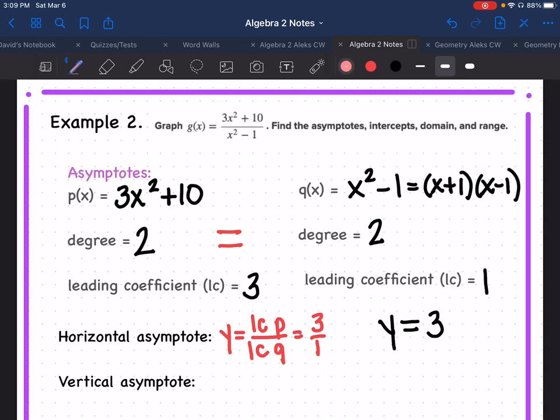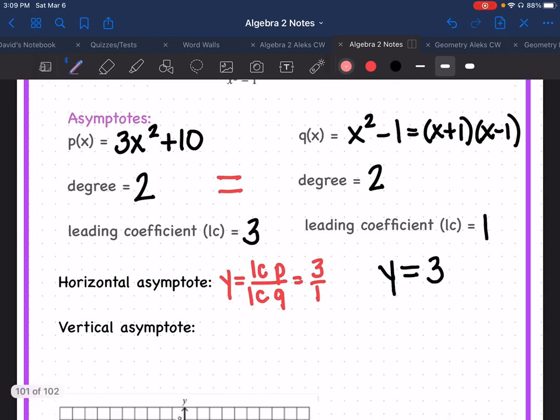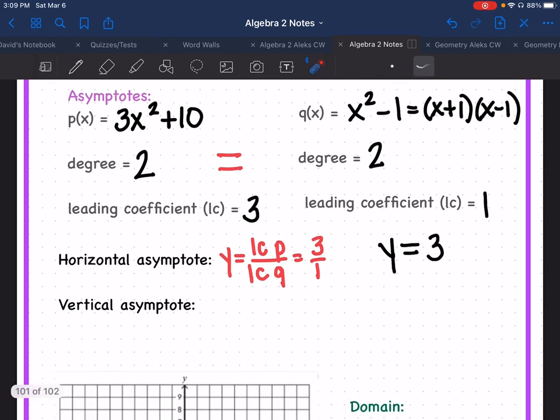For my vertical asymptote, I'm going to use my denominator, and I have to factor it. So it's a good thing I've done this. I'm going to take my two factors, x plus 1 and x minus 1, and I'm going to set them equal to 0, and I'm going to solve.